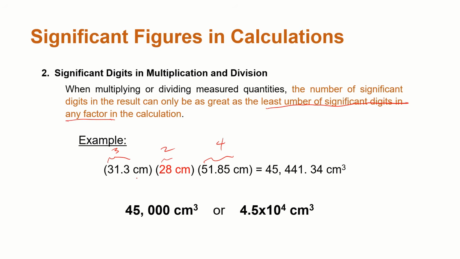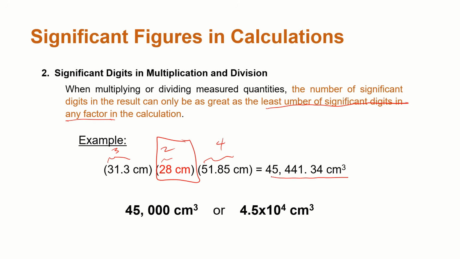So, dito, meron tayong 3 factors. So, yung ipa-follow natin is ito, kasi siya yung may pinakakaunting decimal at pinakakaunting significant digits. So, therefore, kung ito yung exact answer natin, i-express natin siya into 2 significant figures.